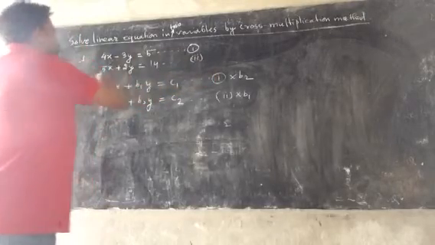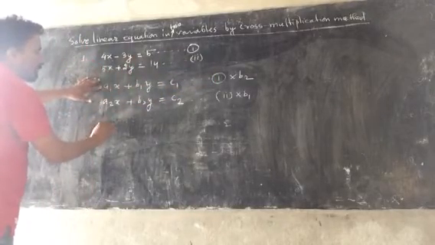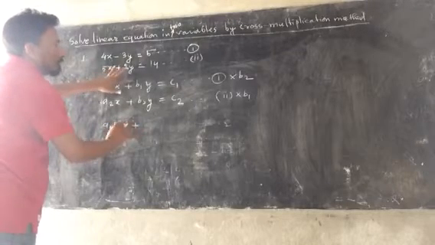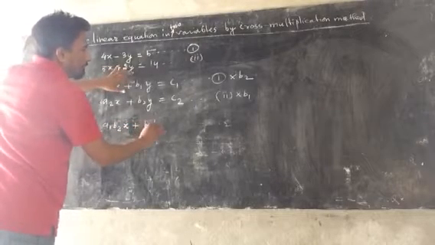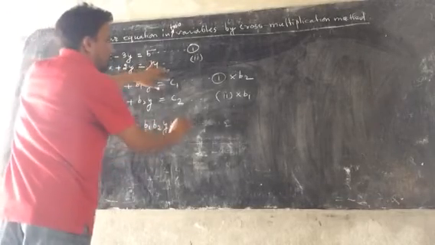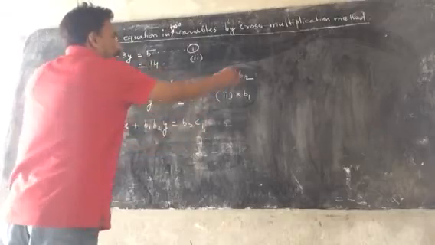So let me multiply by b2 first. a1 b2 x plus b1 b2 y is equal to b2 c1. Are you getting me?